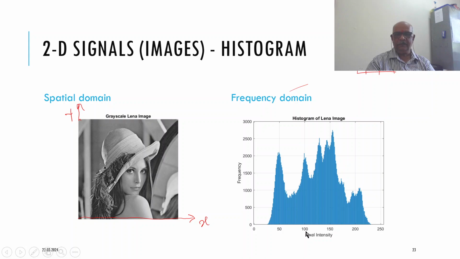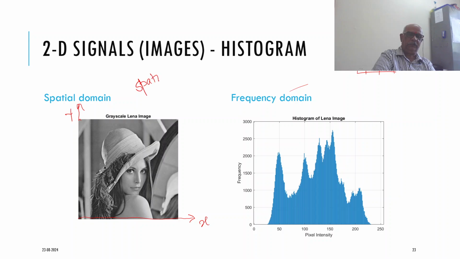All right, the intensity, let's say 100, I count how many pixels are there, and so on for the whole image. So let's say what we can see here is that the pixel intensity is varying from some value to less than 250.